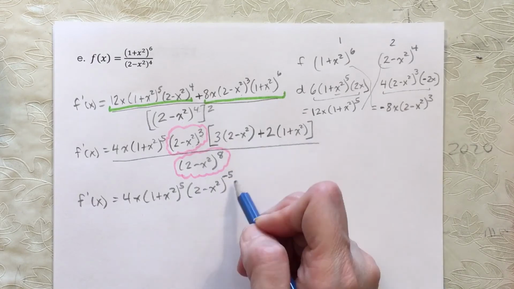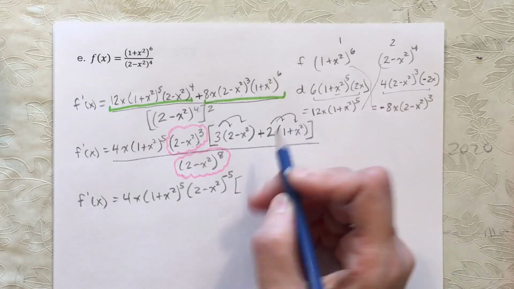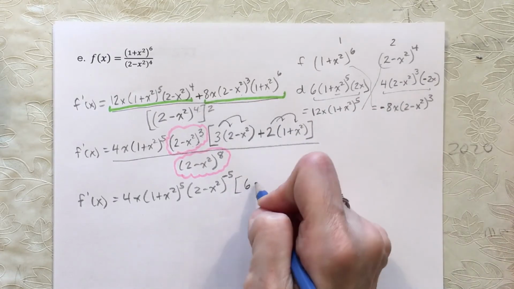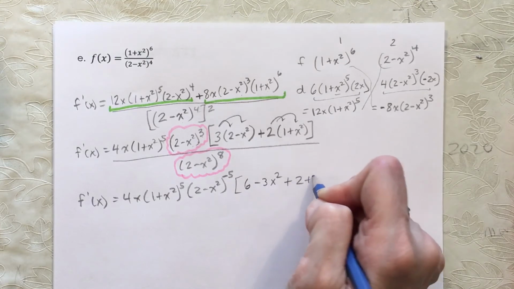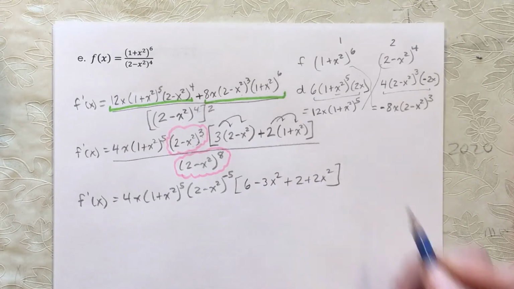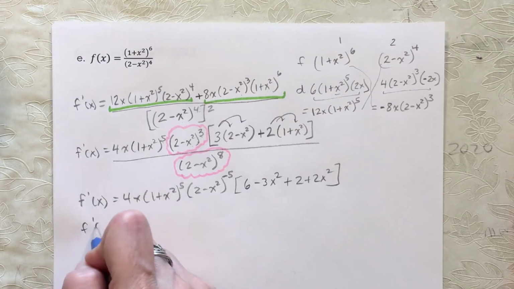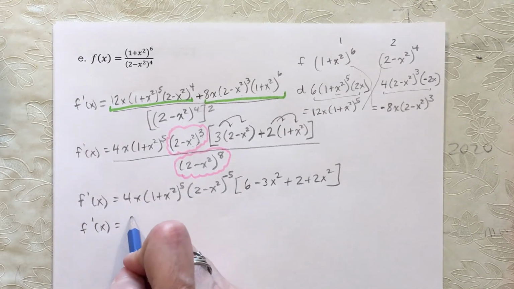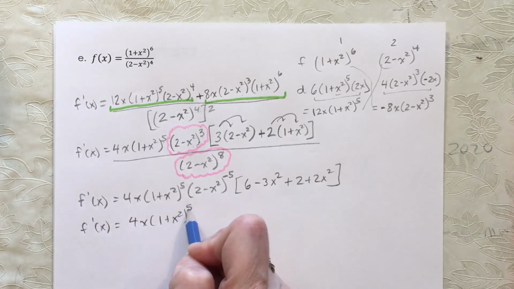And then in my square bracket, I can distribute. So that's going to give me 6 minus 3x squared plus 2 plus 2x squared. Keep going. So 4x times 1 plus x squared to the 5th.